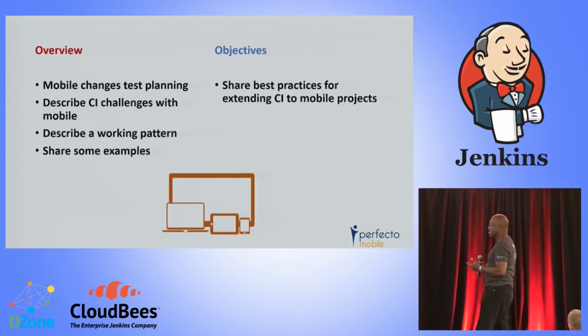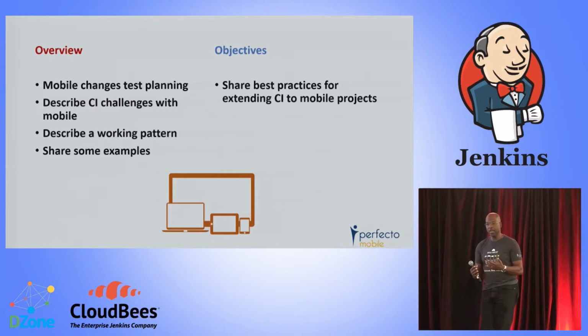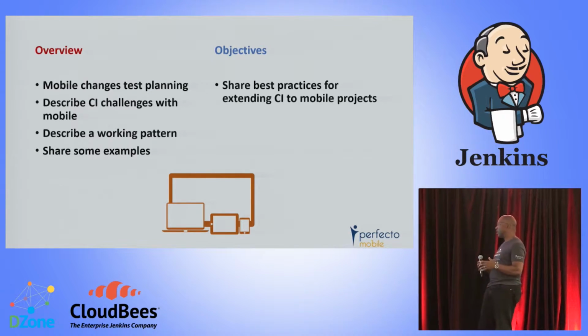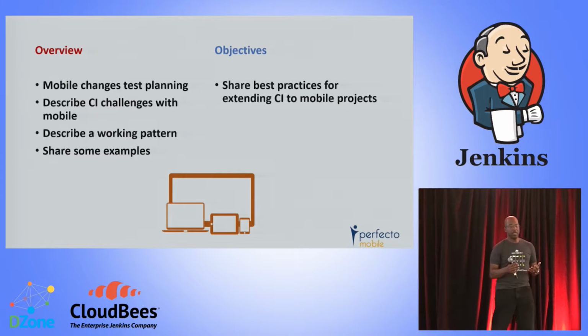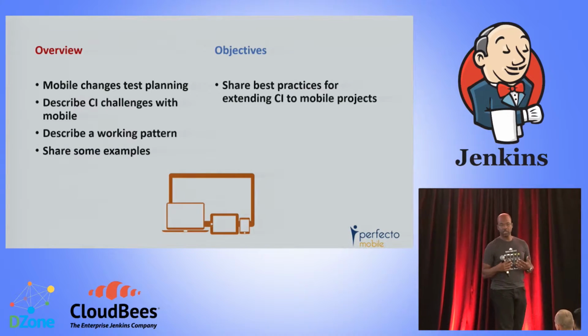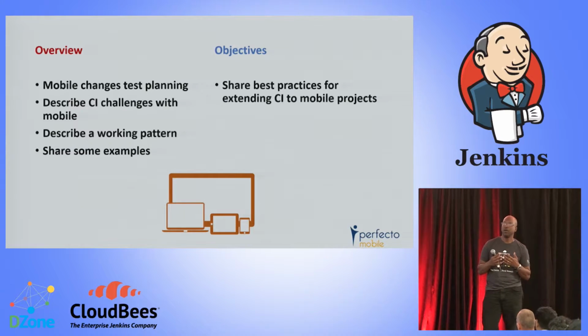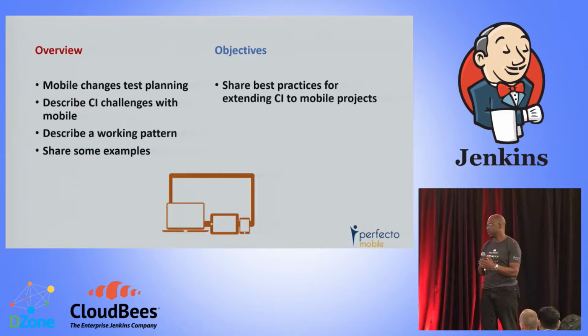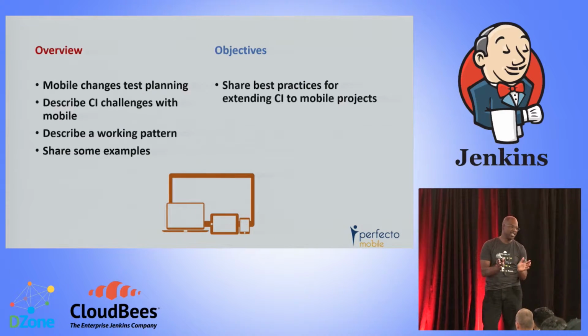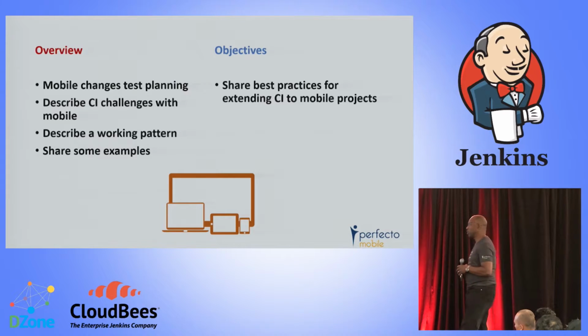And we'll, of course, give some examples of our own. Hopefully we can make this a two-way street in terms of a dialogue. As an organization, we're constantly looking to build out our own cookbook of what's required to get CI to work from a mobile perspective, to get the test coverage and the device coverage that organizations are looking for.